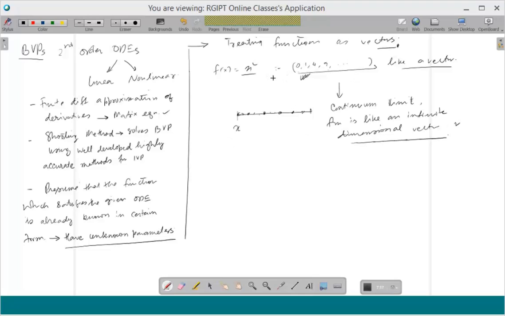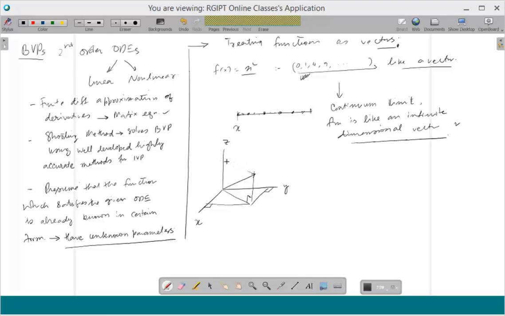Now what is important here is the idea of a vector. In three dimensions, the vector that we know in the conventional sense, for example a position vector, can be decomposed into its components.